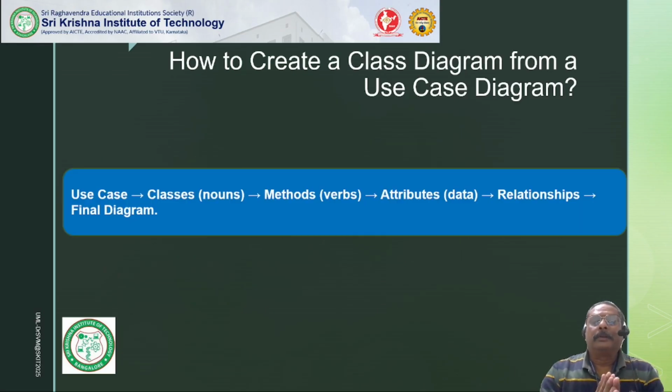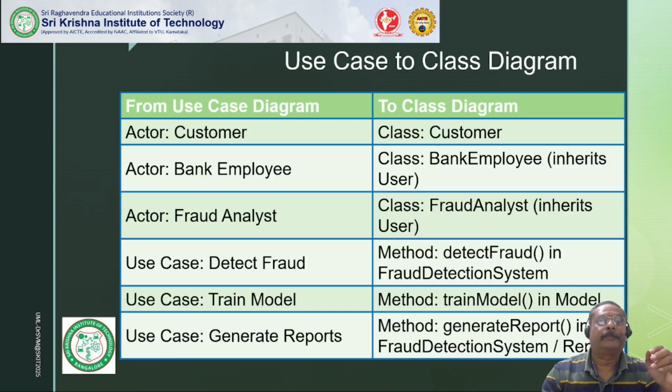Overall, we begin with the use cases, and from the use cases we identify the classes, that is the nouns, then we identify the methods, which are verbs, and then the attributes, which are data, and the relationships, and then finally draw the diagram.